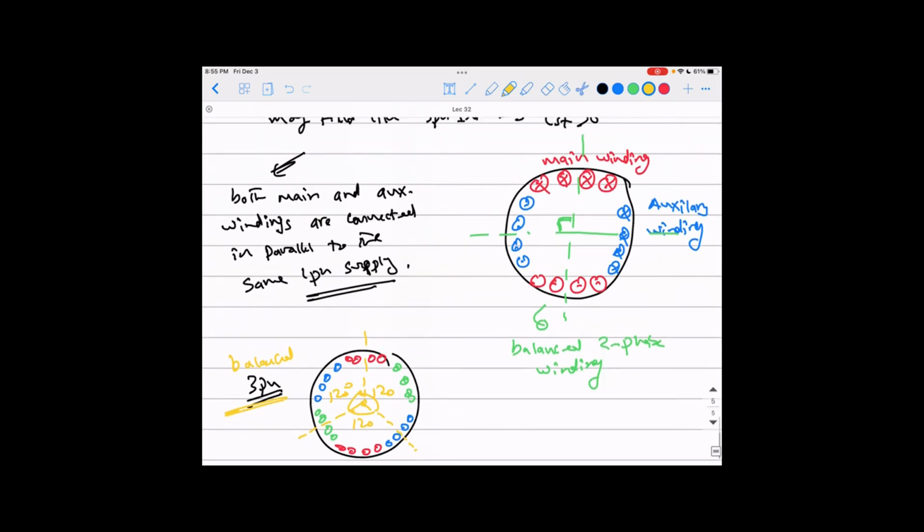So here we just use 2 winding perpendicular to each other, and now they are balanced. So those guys are balanced two-phase winding.